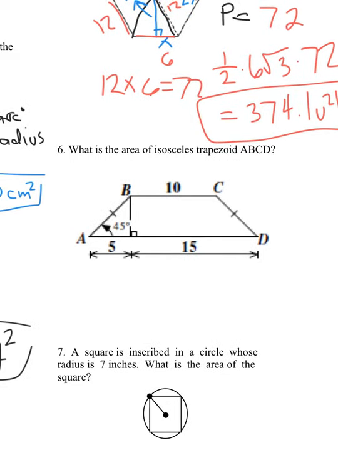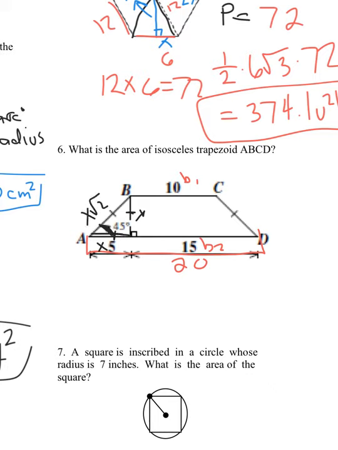Number 6, what is the area of the trapezoid? Isosceles trapezoid, base 1, base 2. But it's not just the 15, it's this whole thing, so the base 2 has to be 20. Now at the moment the height's missing, but again, I know this picture's not drawn well, but the 45 they're telling you is right there. So this is a 45, 45, 90 right triangle, meaning x, x, x square root of 2.